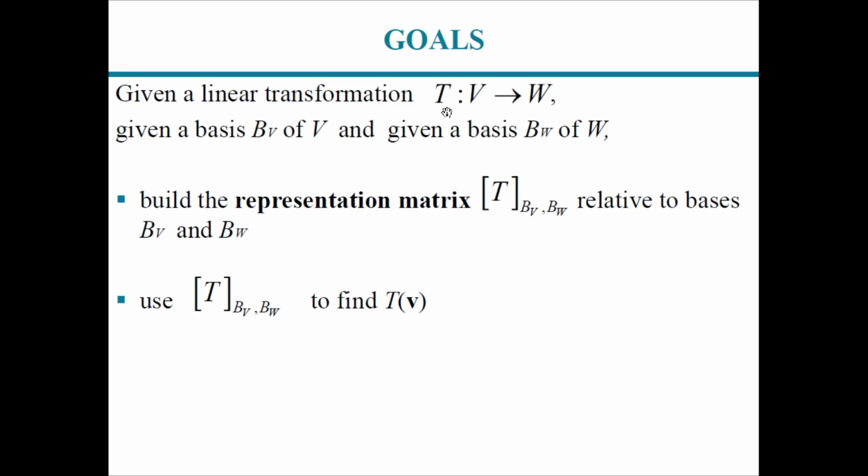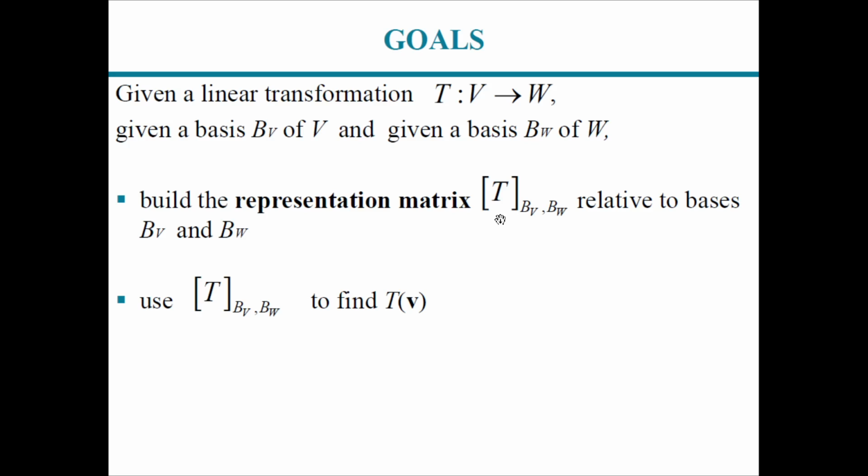So we are given a linear transformation from linear space V to linear space W, and obviously there's a basis for the linear space V called BV, for instance, and we also have a basis for the linear space W, BW. And what we want is to learn how to build the representation matrix relative to bases BV and BW.